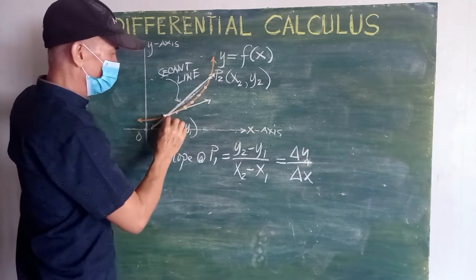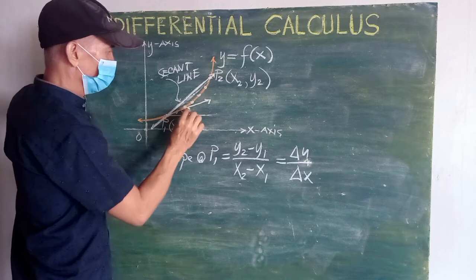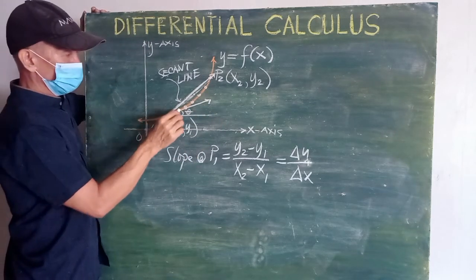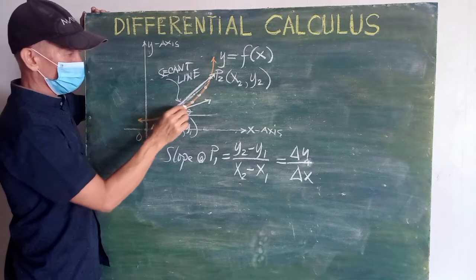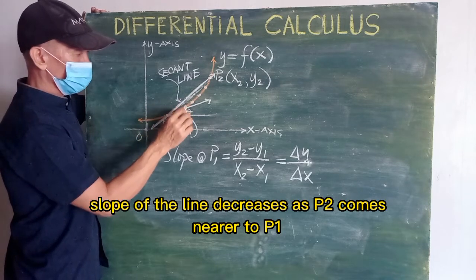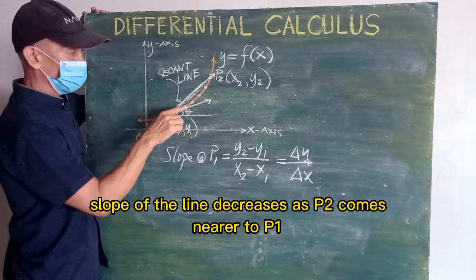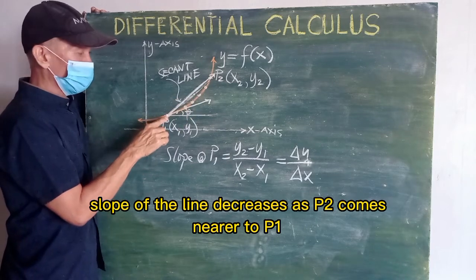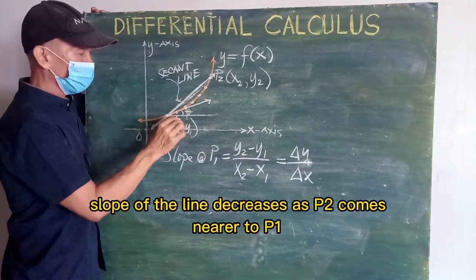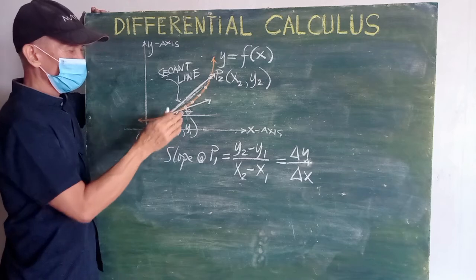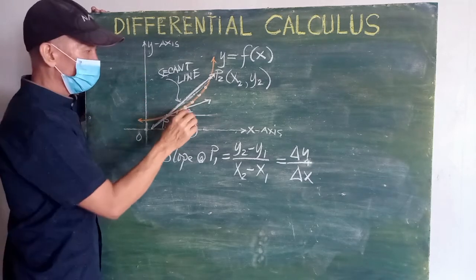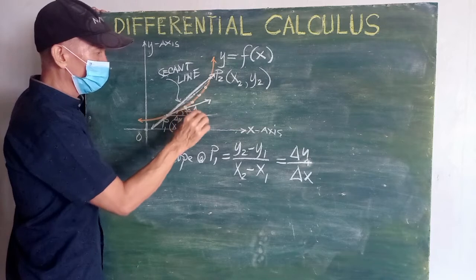Okay, so this slope now, the slope of the line between these 2 points decreases as that point P sub 2 comes nearer with P sub 1. Delta x decreases to a certain amount, the same with delta y.